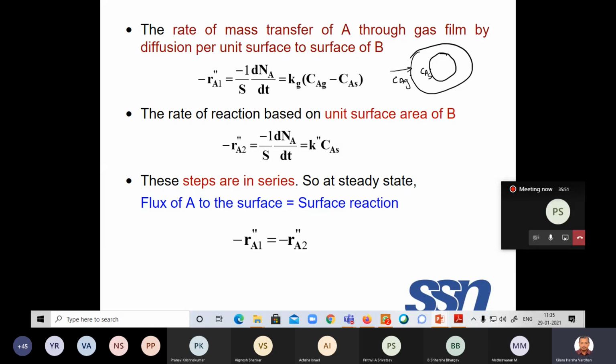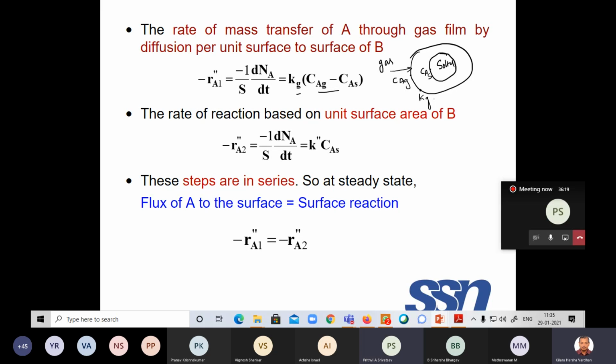So you are going from here to here. There is a difference in the concentration. That is what this into Kg. Kg is nothing but here. The mass transfer coefficient in the gas film is Kg. Yeah. Hear it out, ma? This is solid. This is gas. Yeah. Yeah, I'm not able to get any feedback.